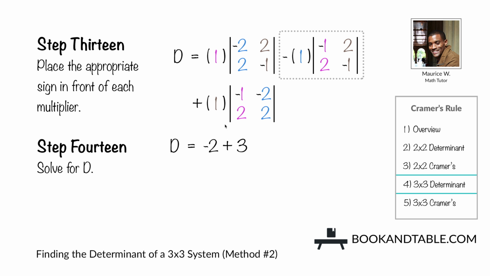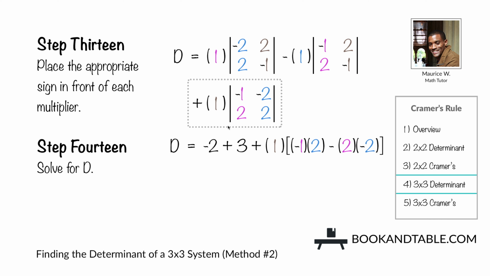And we can move on to the last 2 by 2 here. When we find the determinant of this matrix here, we get -1 times 2 minus 2 times -2. We're going to multiply this times +1.